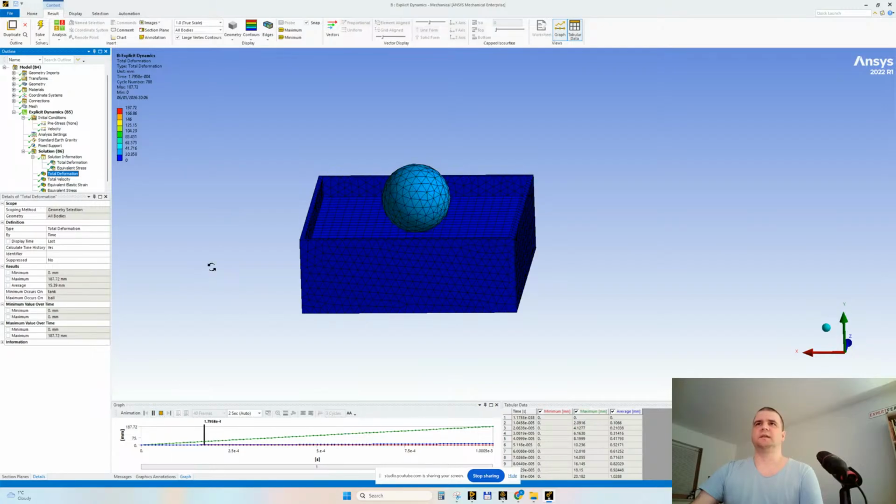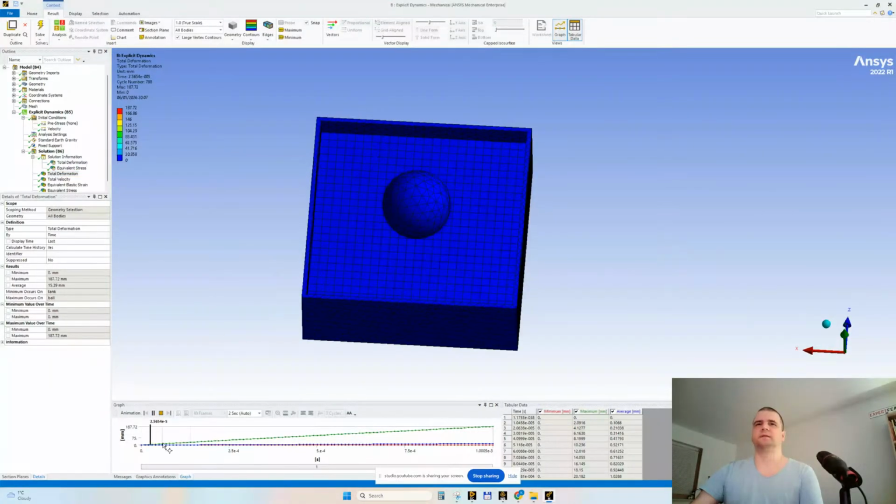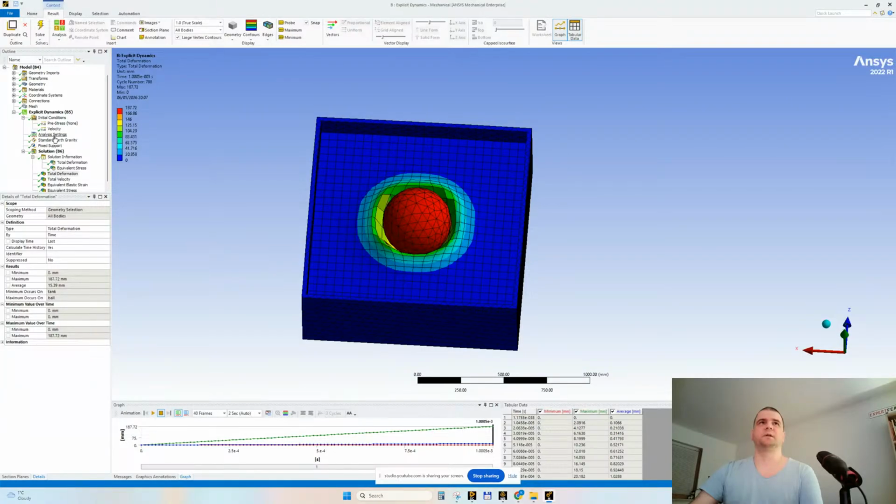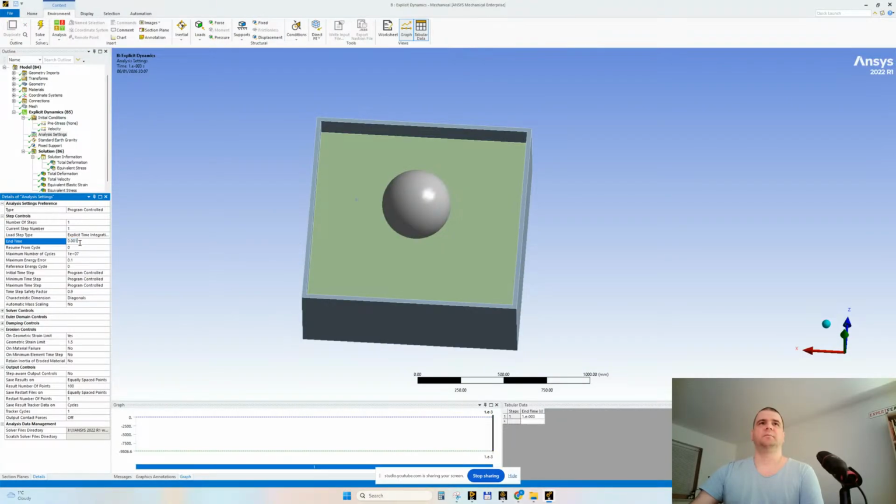Should we extend the end time? Let's extend the end time at this moment. Maybe make it 5. You know what? Yes, let's make it 5. Solve again, because it takes so little time to solve. We can afford to extend the end time, no problem.